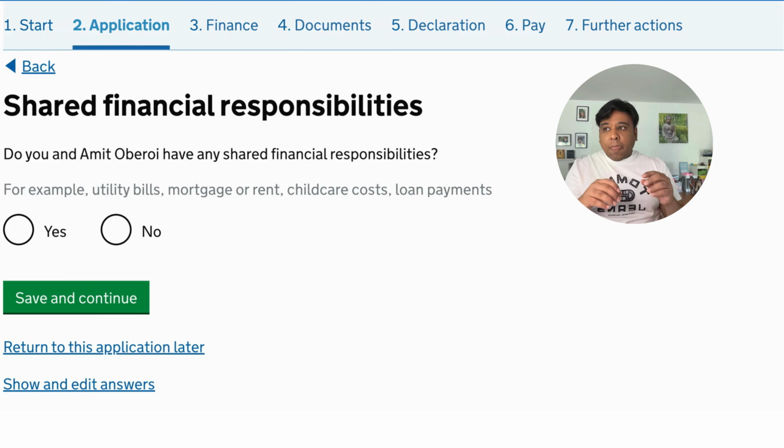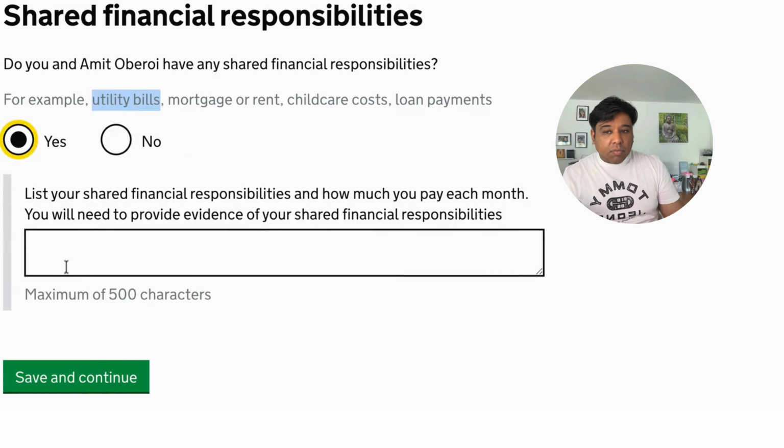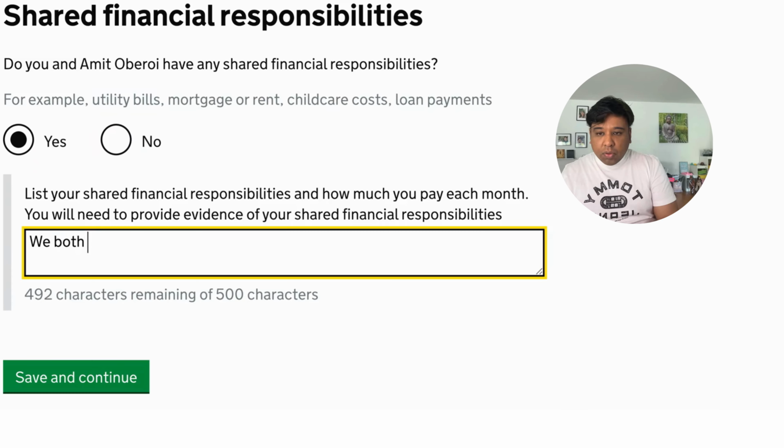Imagine you're living in India, he's living in London, but he still pays for some of the bills in India. Imagine he pays you money every month so that you can go and do some shopping, because that will become evidence. For example, utility bills, mortgage, or rent. If the answer is yes, say we both bought a flat in Pune, for which we took a joint home loan.